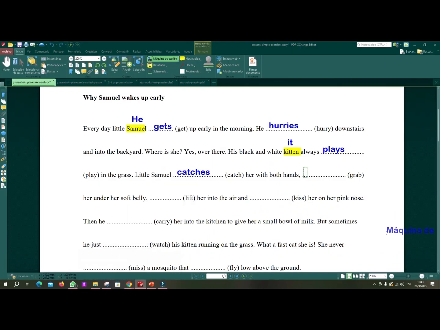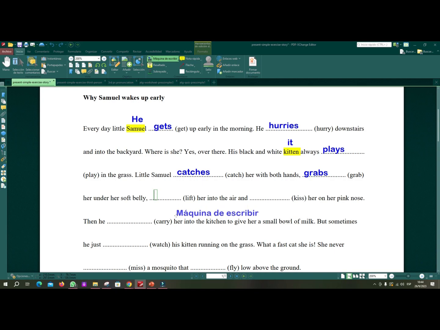Sería grabs. Grabs, only the S. Solamente le agregamos la S de acuerdo a las reglas, ¿verdad? Excellent. So, grabs her under her soft belly. So, lift.